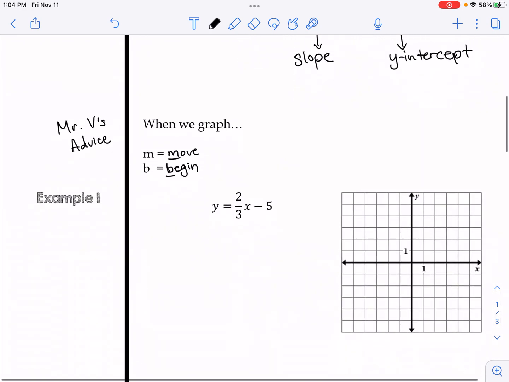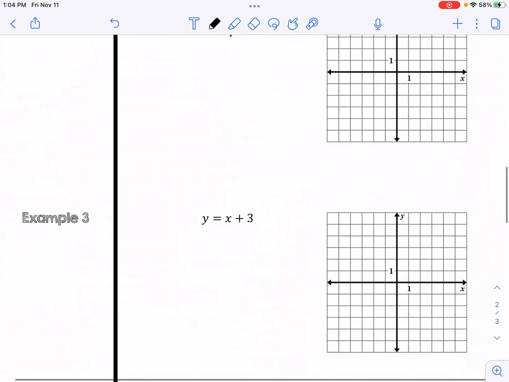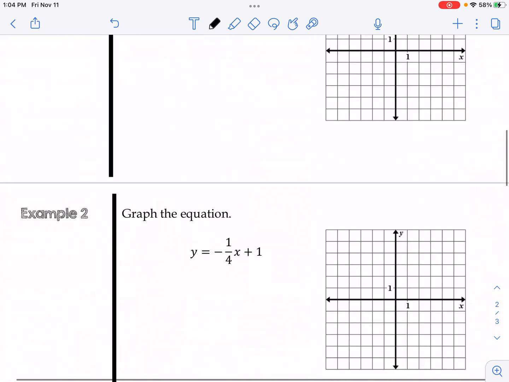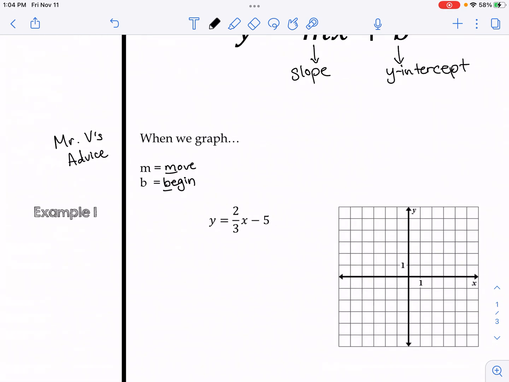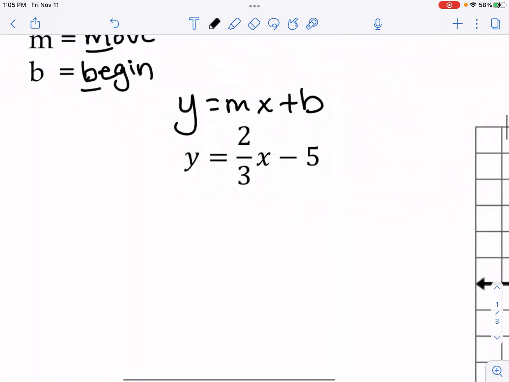We're going to go through one example on the front, and then we have 3 examples on the back, a total of 4. Let's start with the first one, y equals 2/3 x minus 5. It's helpful to write slope-intercept form above or below it, so you can identify what m and b are.